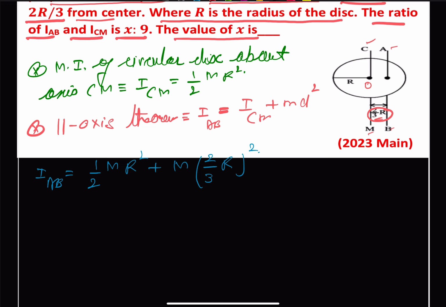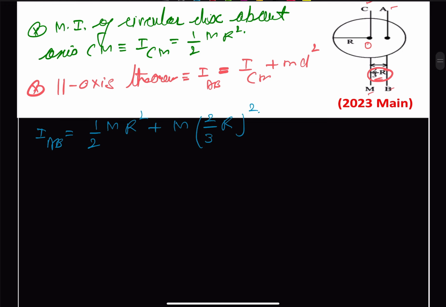And we can take mr square as common, so we will be left with 1 by 2 plus 4 by 9.